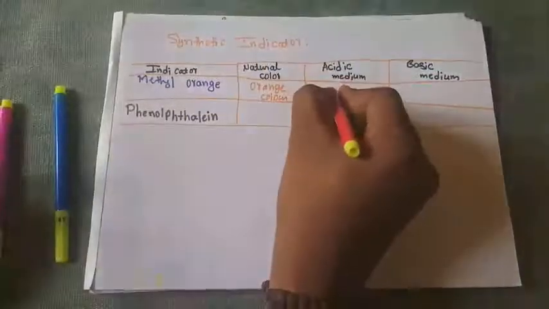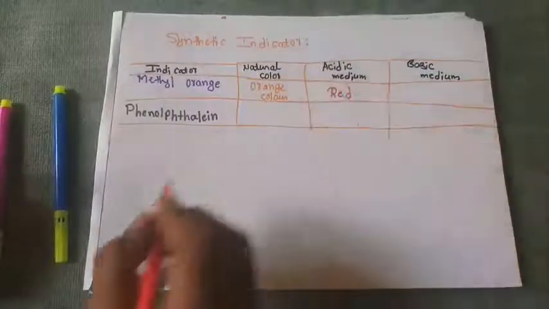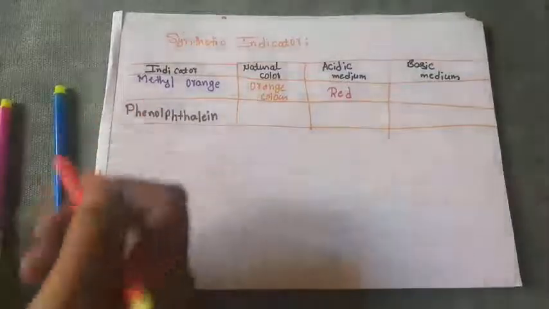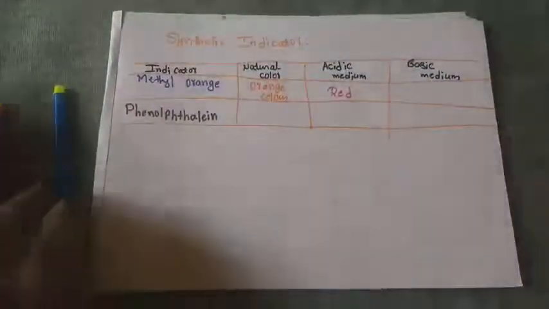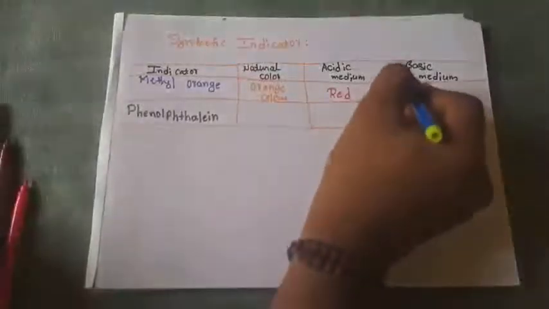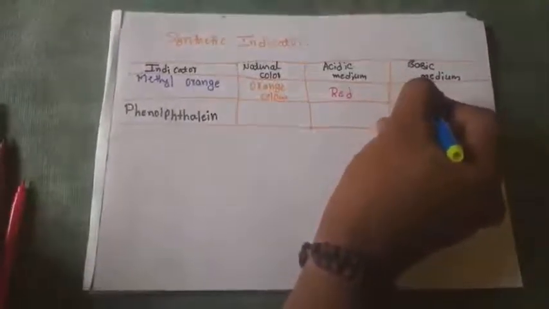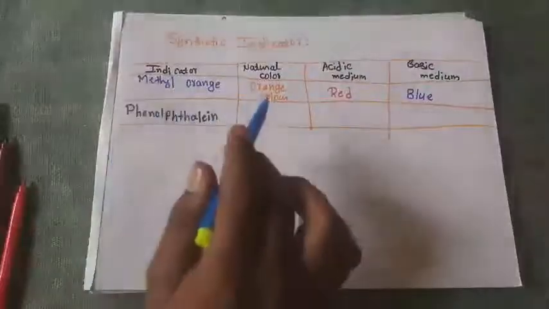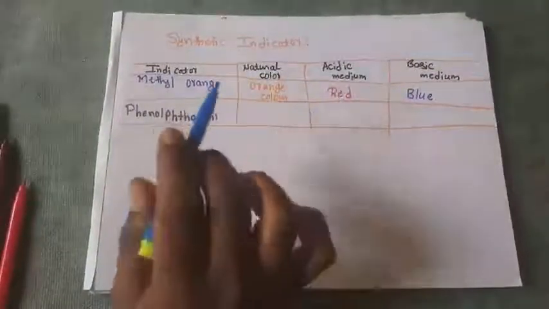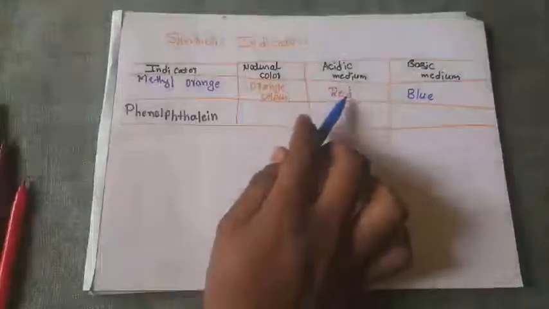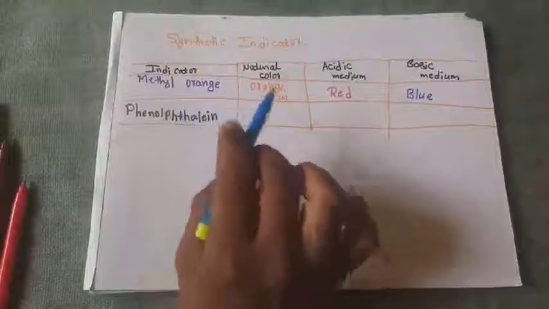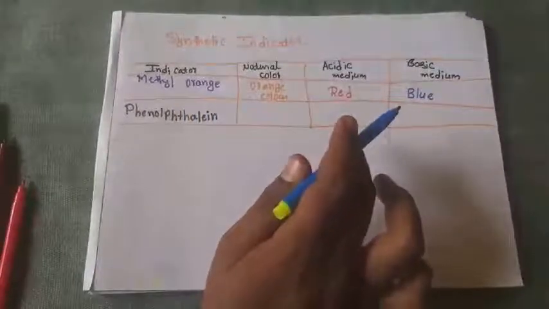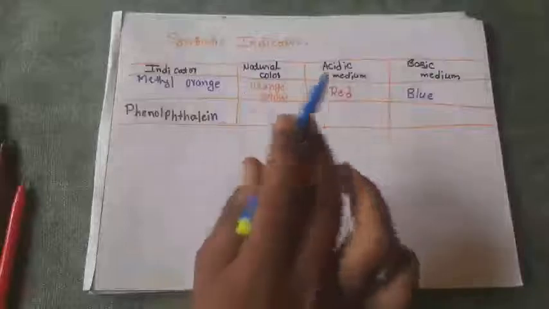In acidic medium the methyl orange is present in a red color, but in a basic medium it is present in a blue color. Initially it is orange, but when you add methyl orange to acid, it turns red, and when you add it to base, it turns blue. If you observe red on adding methyl orange, then the given substance is acid. If you observe blue, the given substance is base.